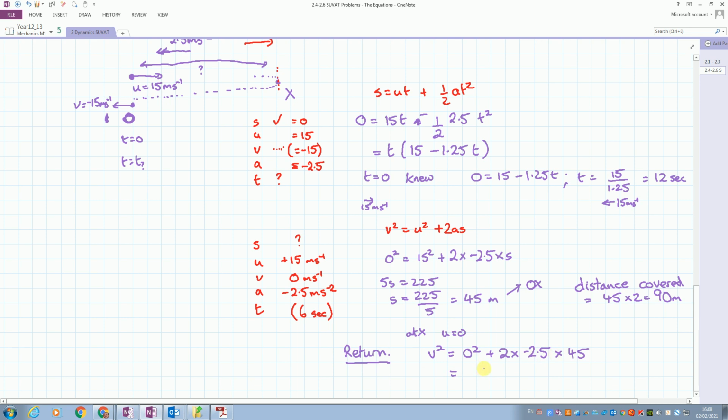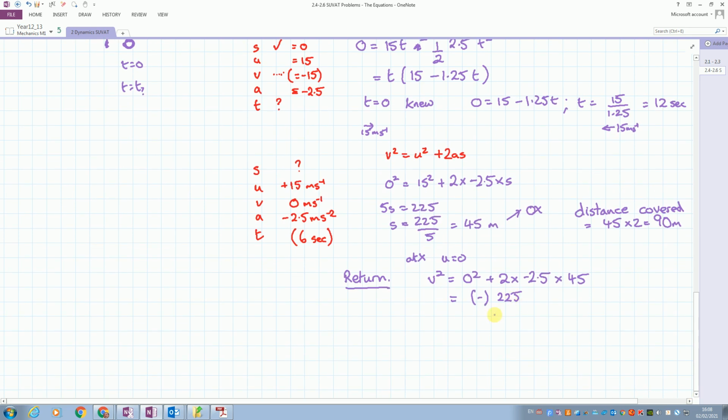So this multiplies to give me u squared add on 2as. Yeah, we got that problem with the signs. 2.5 is negative, 225. Now there's a little quirk in this because of doing the square root. When we do the square root of this, we have a complex number: square root of 225 and a value i, which gives us 15, and the i is what indicates that we're going in a negative direction.